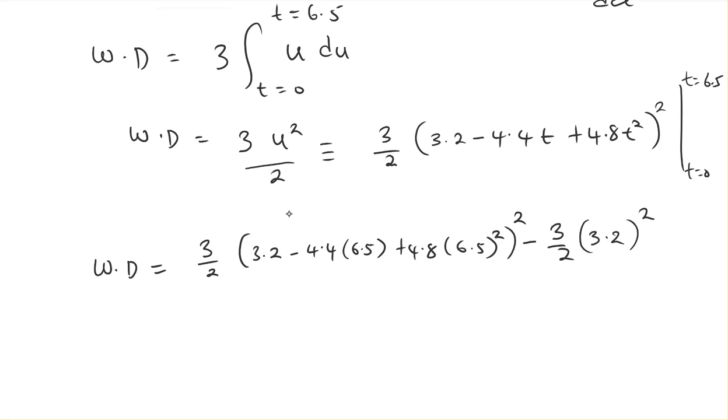So this first substitution gives me 47206.14. Minus, I'll do the next one, times 3 divided by 2, and this only gives me 15.36.